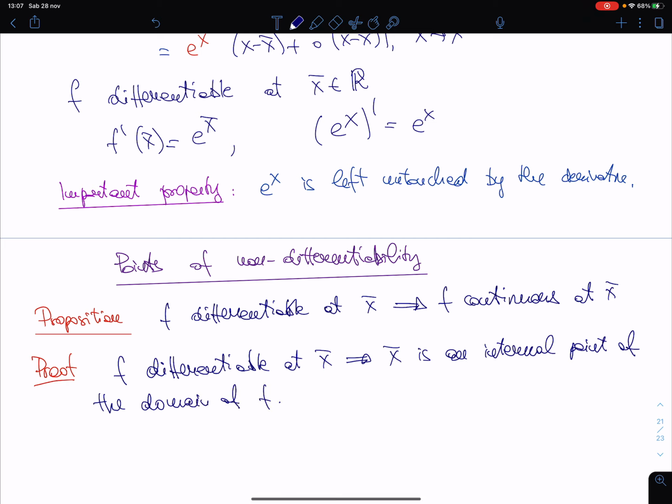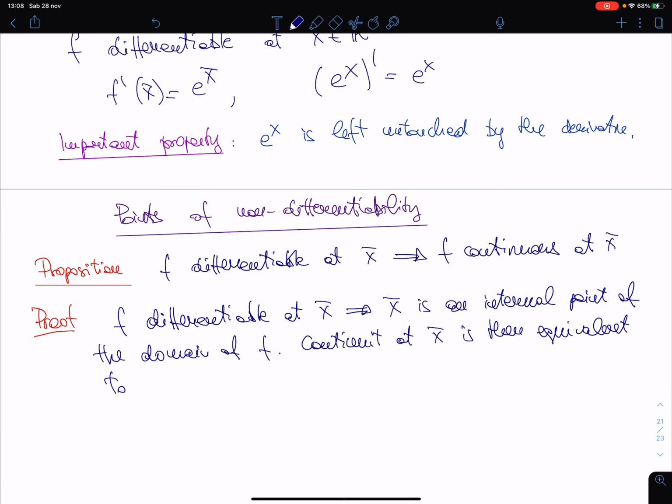Therefore, in order to show continuity, we just show that the limit of f when x goes to x bar is equal to f of x bar.